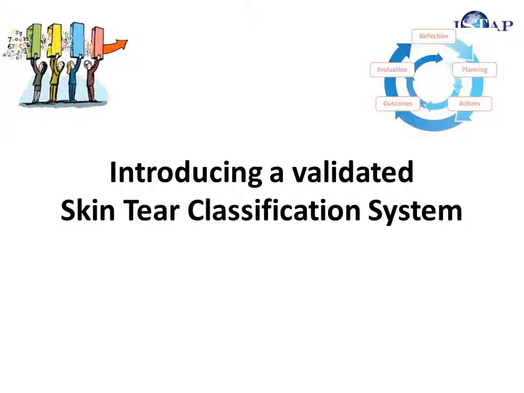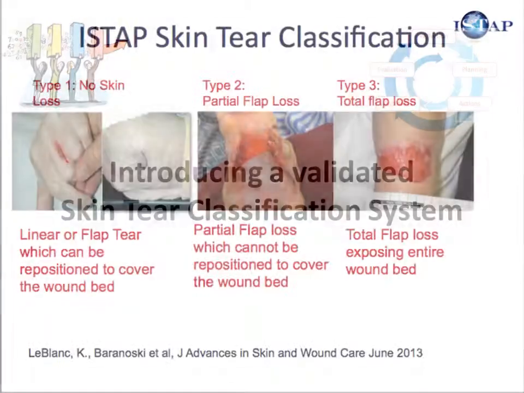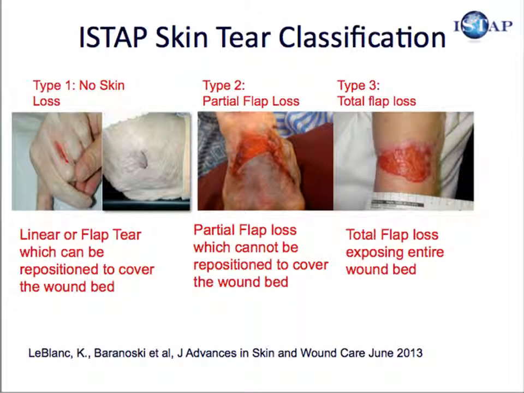So, introducing a validated skin tear classification system. I had the fortune and honor of being part of both the consensus process and part of the classification system. The previous classification systems that we had looked at from around the world were confusing, and there were too many different, if you have this, then you have that, and some of it was subjective, and so we felt that needed to be all overhauled.